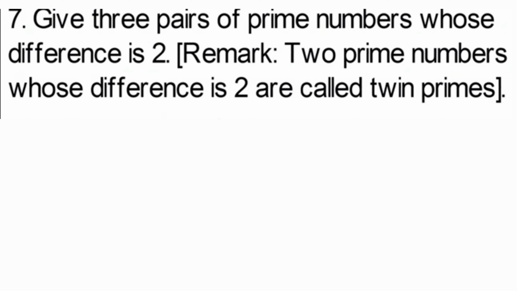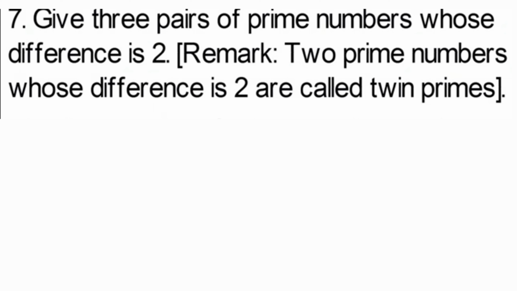It means we have to give any 3 pairs. When we subtract those 2 prime numbers, we get 2 as the answer. And I told you such types of numbers are called twin prime numbers, because when we subtract any 2 prime numbers and we get 2 as the answer, that is called twin primes.